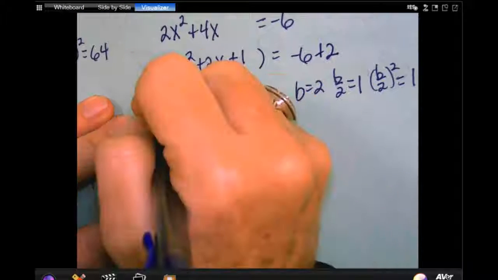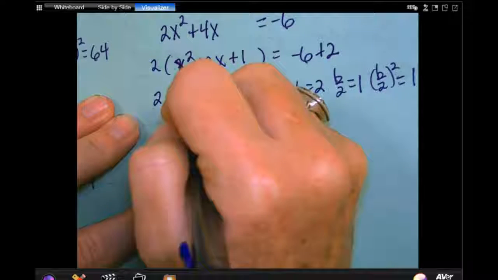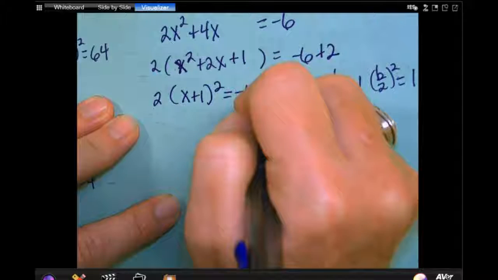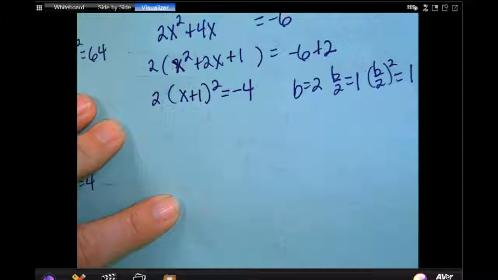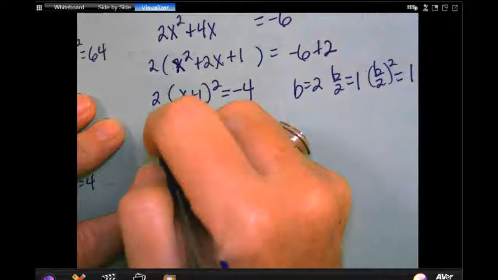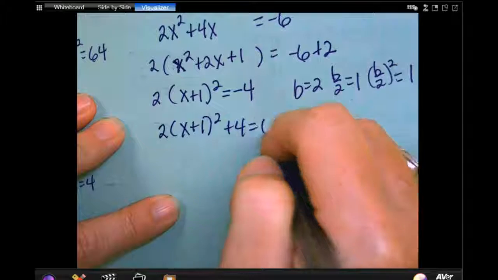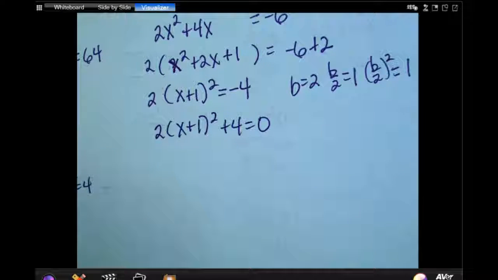So then I'm going to write this as a perfect square. And I'm going to move the 4 over so it's set equal to 0. So now, after this step, what's the vertex?